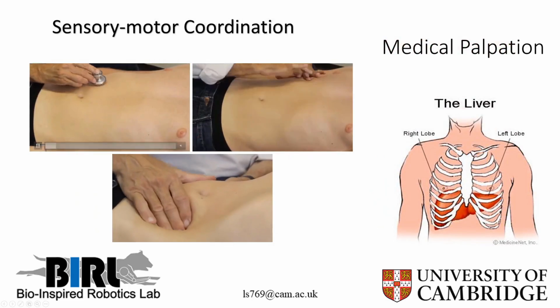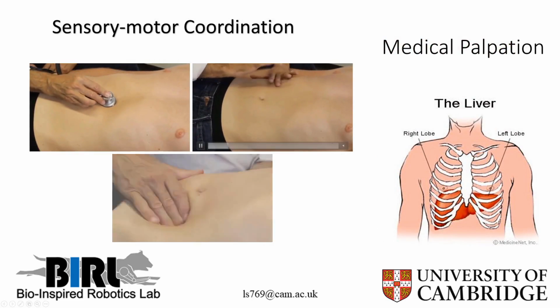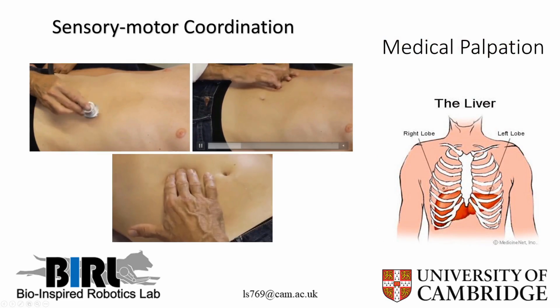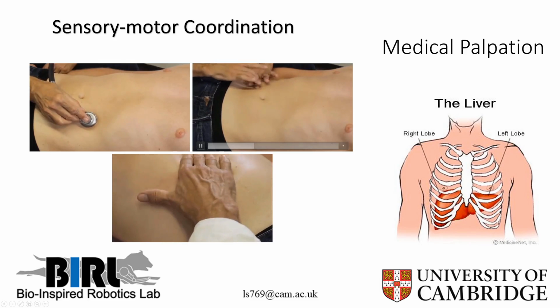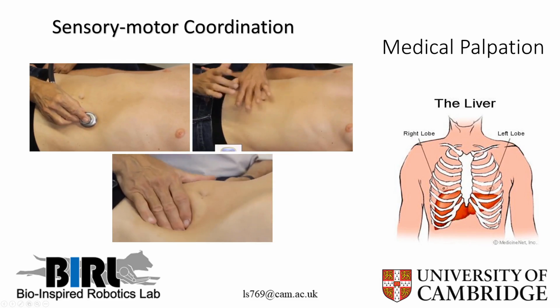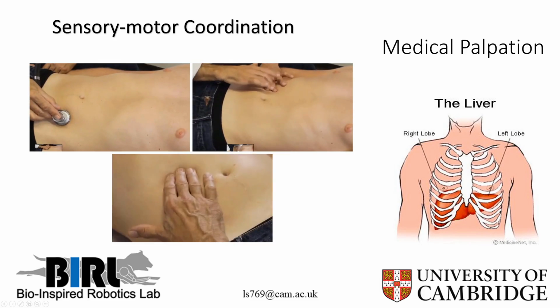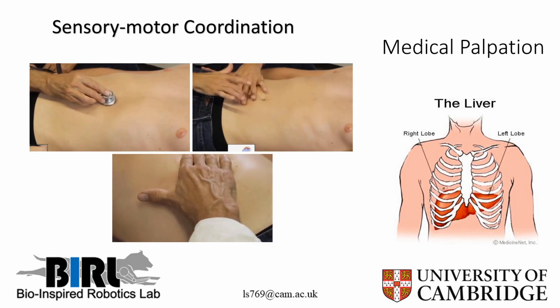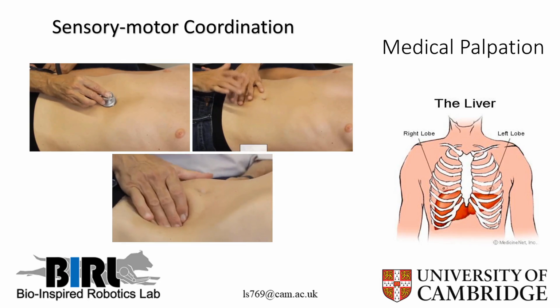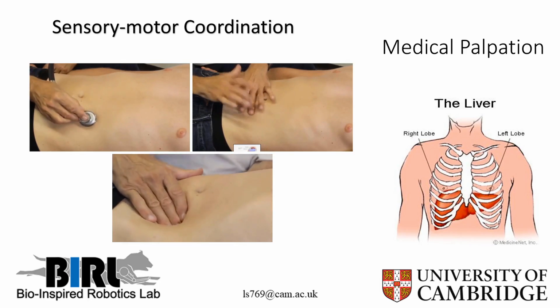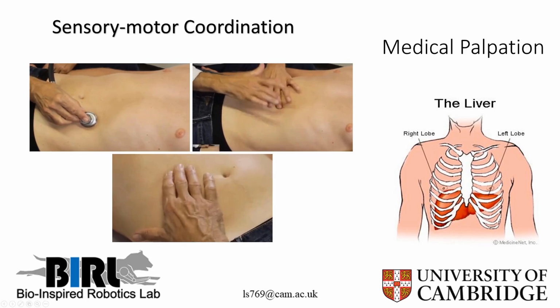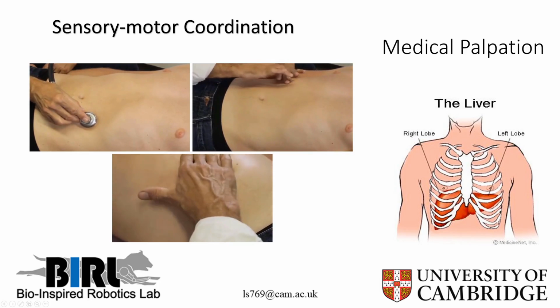In the context of sensorimotor coordination, instead, this is an example of medical palpation. It's very relevant because medical palpation is one of the examples where, through action, it is possible to filter out sensory information, in this case tactile sensory information, to be able to retrieve complex information from soft bodies.